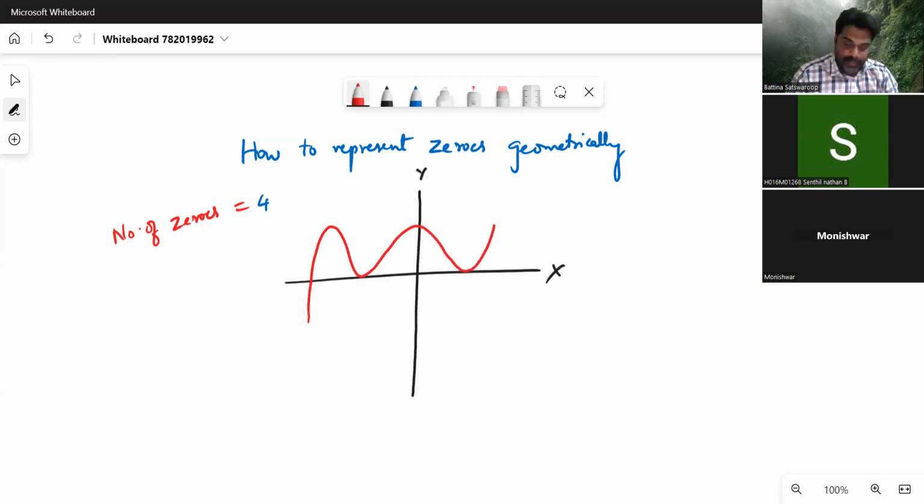Now how many zeros are there? 3. Very good. Only 3 places it is touching the x-axis. Clear, sir, how to represent zeros of polynomial? They will just give you one graph and ask you to tell how many zeros are there. That's all. Very simple. Clear? Yes, sir. Next.